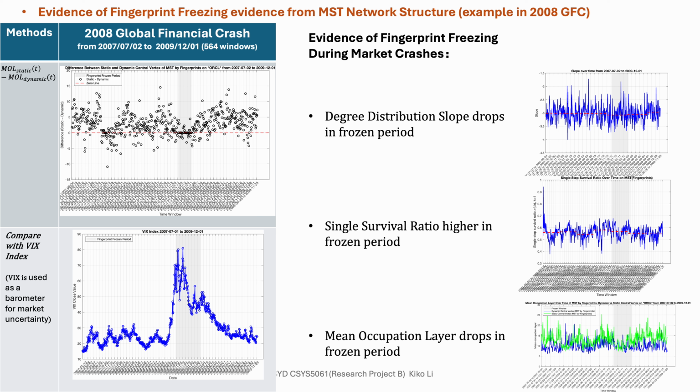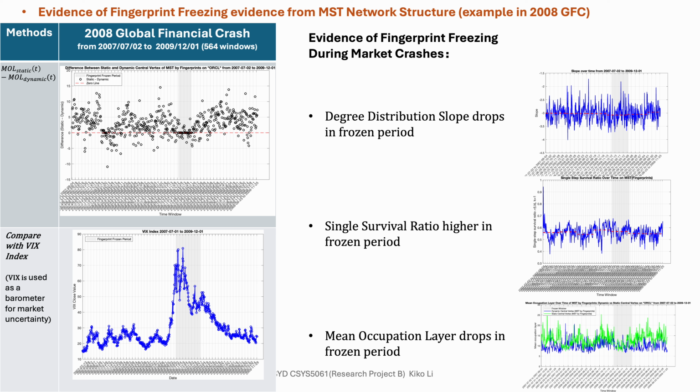More evidence from the perspective of network structure. Take the example of the fingerprint-based minimal spanning tree in the 2008 global financial crisis. I tagged the freezing period with a green bar. First, the drop in slope means the fingerprint network interconnection comes closer.